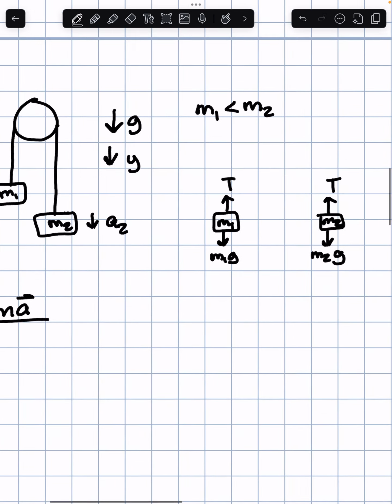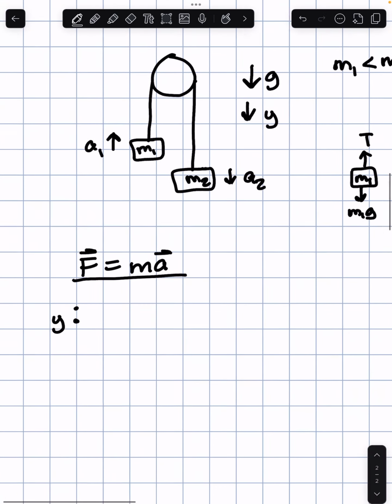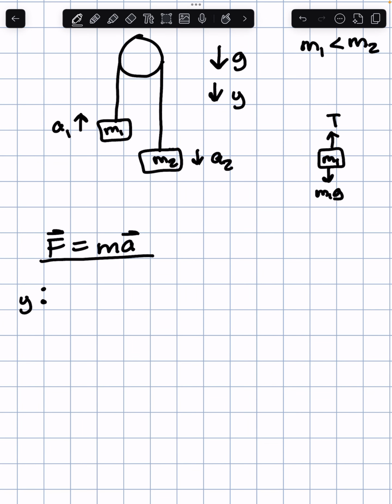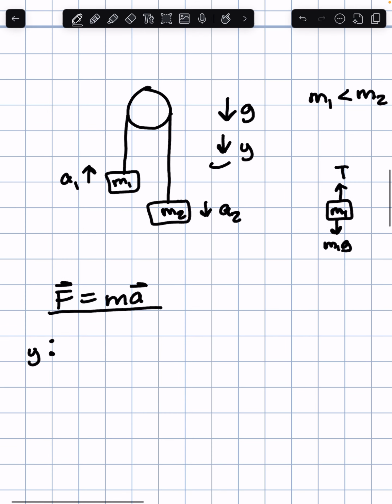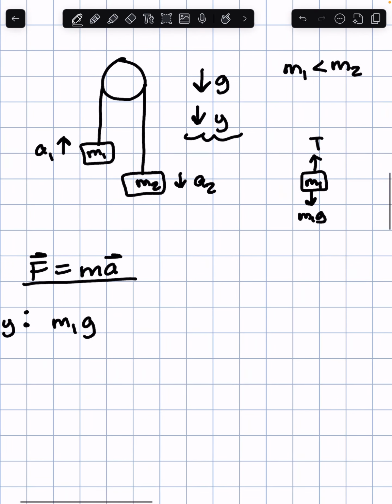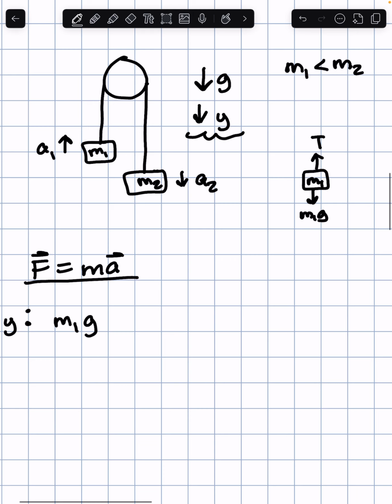So let's look at our forces. Let's first consider M1. So we have the net forces. Let's consider everything that is in the direction of our orientation as assistive forces. So we have M1g as our assistive force. Do we have any other? I don't think we do. Now let's look at our resistive force.